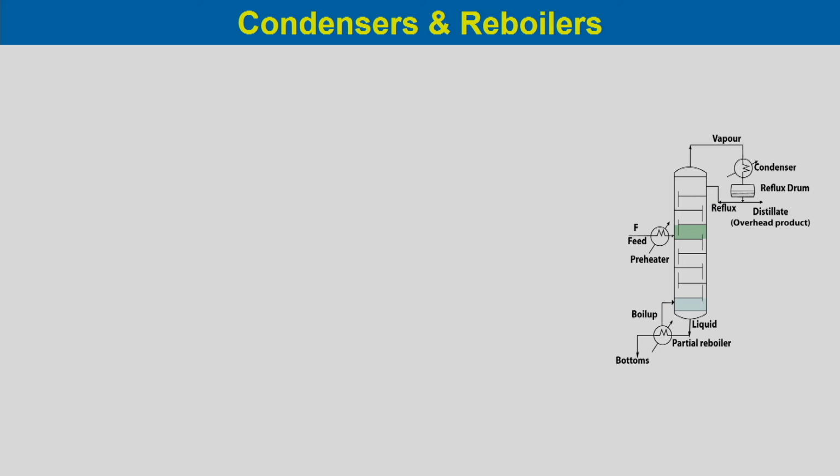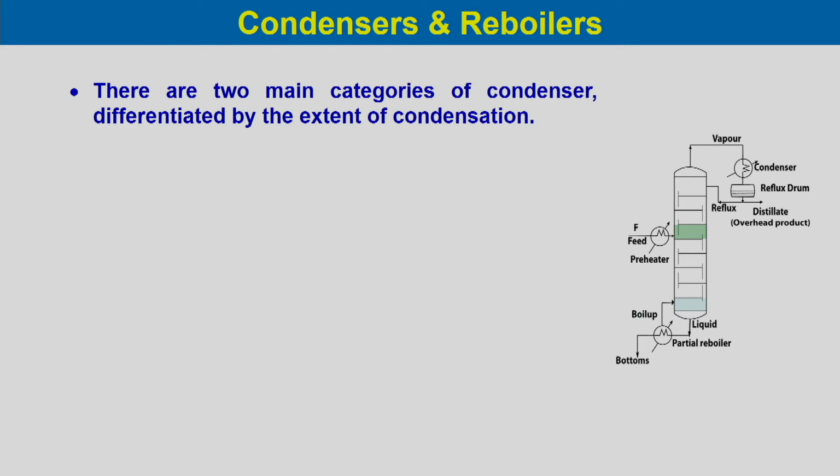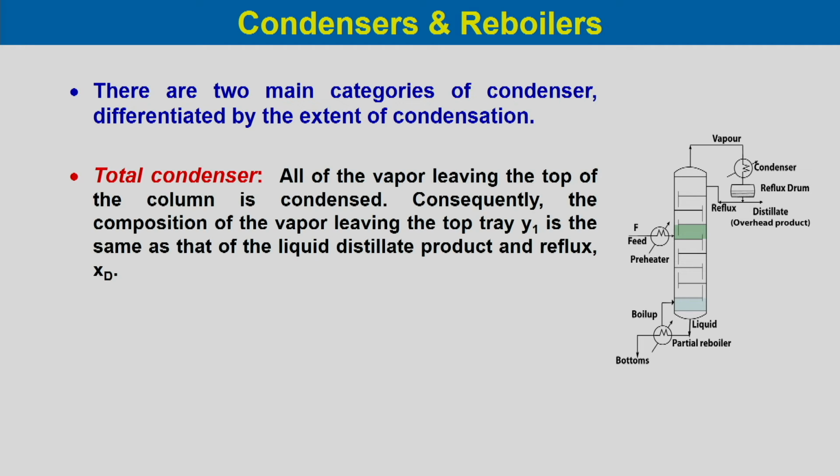Now, we will discuss the condenser and reboiler. There are two main categories of condenser, differentiated by the extent of condensation. One is the total condenser. In the total condenser, all the vapor leaving the top of the column is condensed. So, the vapor coming out over here, if it is a total condenser, is completely condensed to the liquid phase.